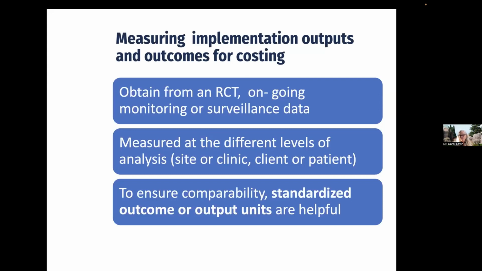But these data, outputs and outcomes, come either from your randomized controlled trial, or in the case of implementation science, a hybrid research design, hybrid evaluation, hybrid effectiveness study, or from ongoing monitoring or surveillance data. You might like to get outputs and outcomes at different levels of analysis, sites or clients. And again, we should all be thinking about enhancing comparability of our data. So standard outcomes and output units are helpful.